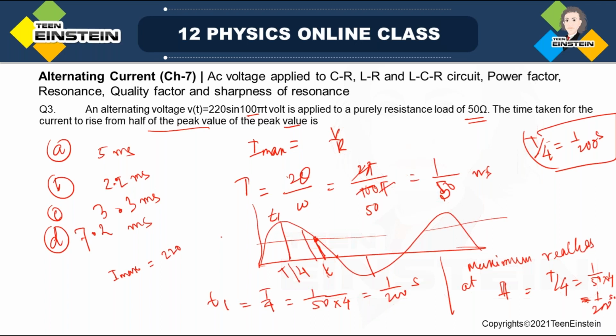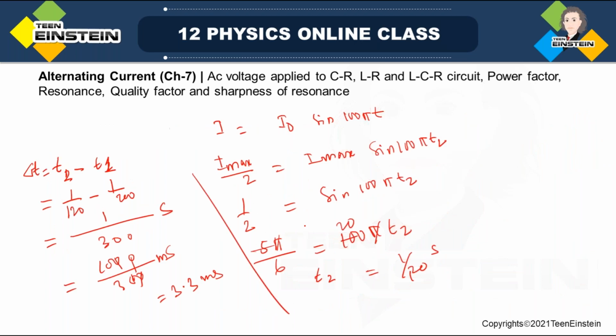Half of the maximum value. See, these are instantaneous values, half of the maximum value, and we can write it like this, and from there we can find T2, the other time when it becomes half of the peak value or maximum value.